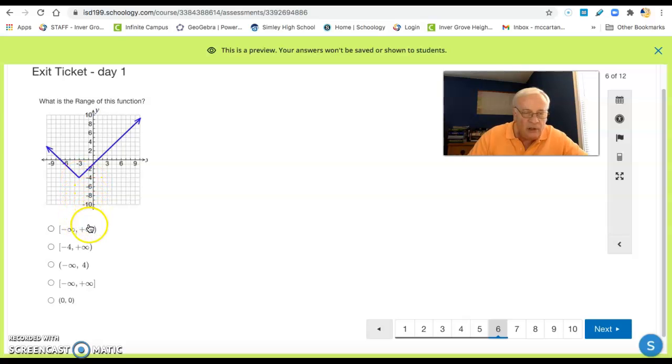But it does include -4. There's no hole there. That's a point. So from -4 to positive infinity, right there. Close bracket around -4. Positive infinity has an open bracket, okay?